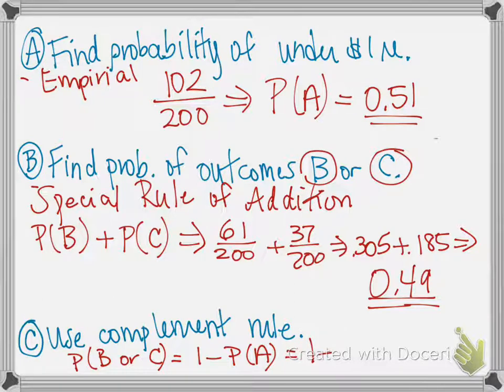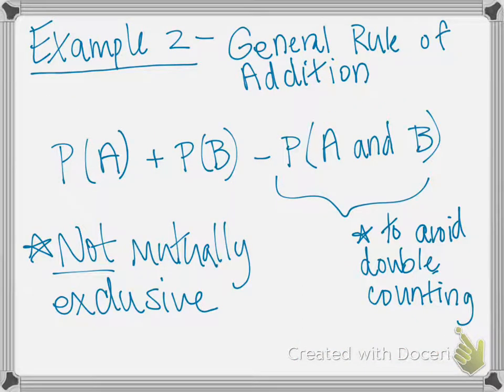And so we go back up to A, and we found the likelihood that the firm that was randomly selected would make under $1 million to be 0.51. So I take 1 minus 0.51, which again then gives me the probability of randomly selecting a firm that would be greater than a million at 0.49, which matches my answer to part B. So it's also a nice way maybe on an exam to double check your work and make sure that you're on the right track. Okay, let's move on to our second example.